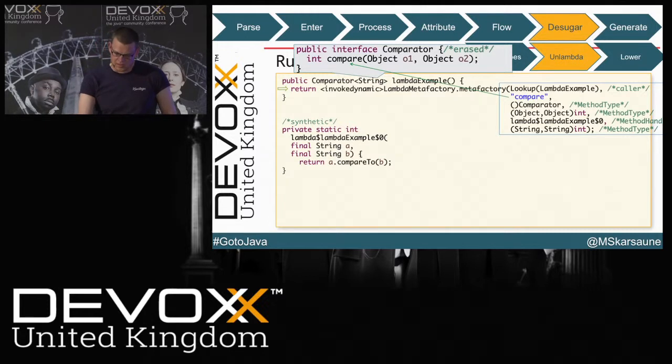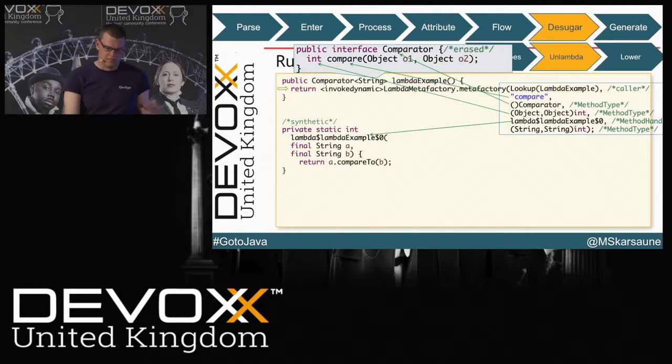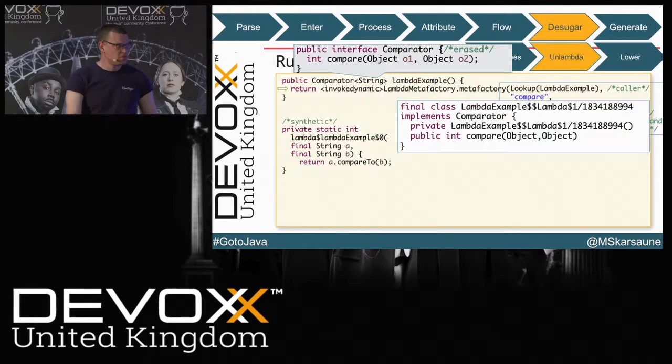So we have things like the method name, the type, and the method signature. We also have a reference to the implementation and the signature of that. And if you use reflection to introspect this lambda instance, you'll see something like this: generated name, but with that method and implementing the correct interface.